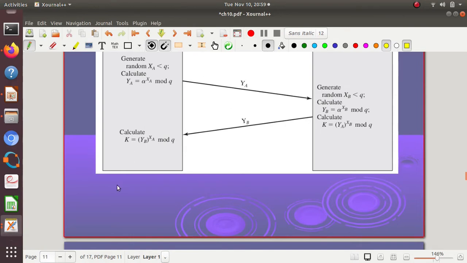So we can check the values at both sides. Here the value of K is equal to YB to the power XA mod Q. What is YB? YB is this one.